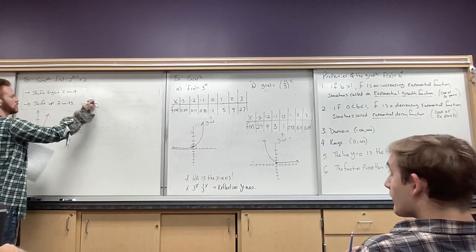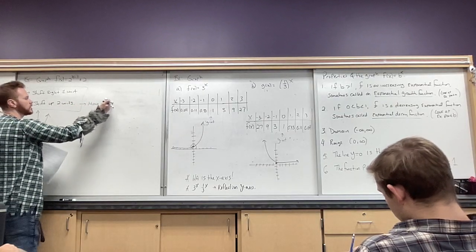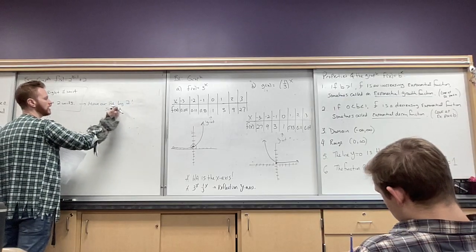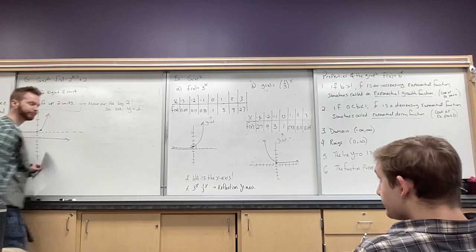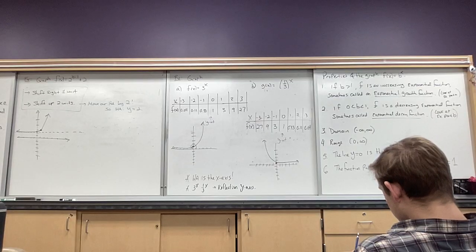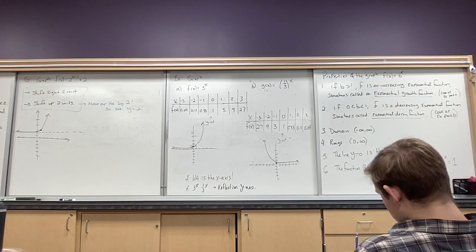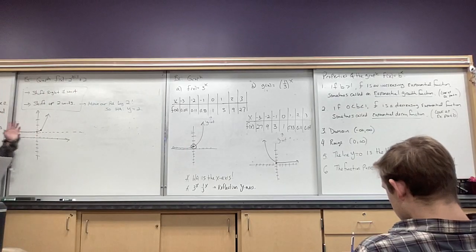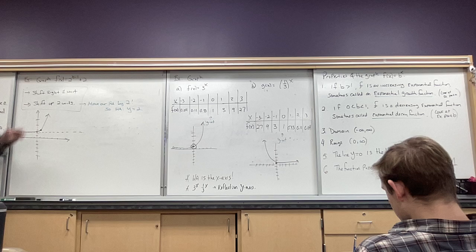This is going to move our HA by 2. So my HA is now going to be y equals 2. So if you do a vertical shift, whether it's up or down, that's going to shift your HA. Okay? But when it comes to graphing this, we know it's going to hit the y-axis at 1. So figure out where that 1's moving to in terms of the transformations, and then go ahead and graph your function.